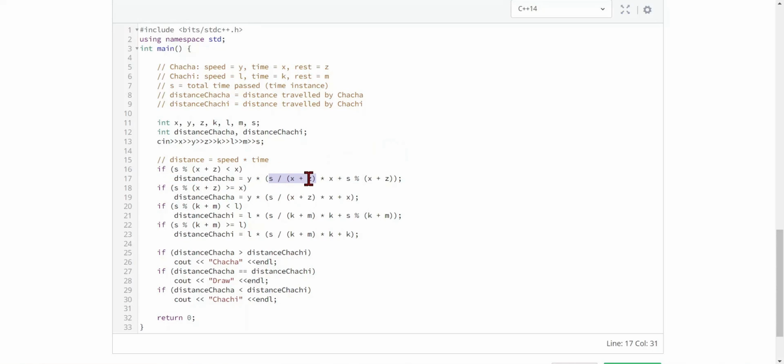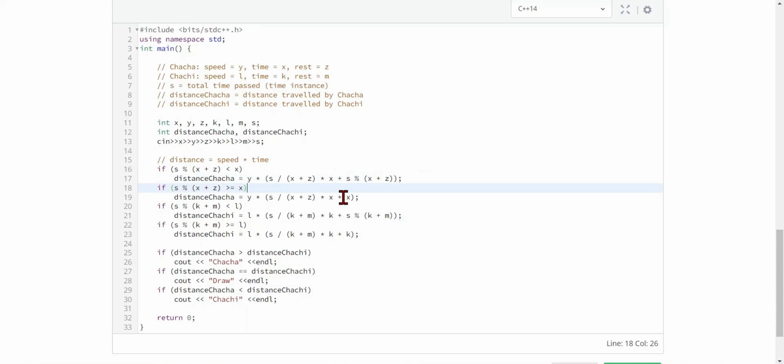So this is the number of time cycles into x, the time for which Chacha is running. And here we need to calculate the extra leftover time after the completion of complete time cycles. As the leftover time is less than x, we need to consider only that much part which is left over. So we have s, the remainder obtained after dividing s by one time cycle.